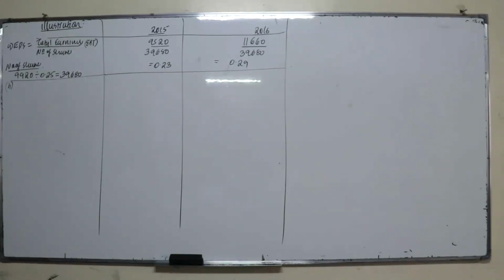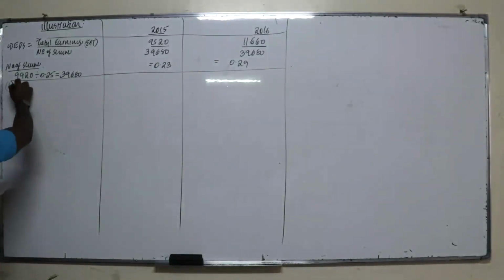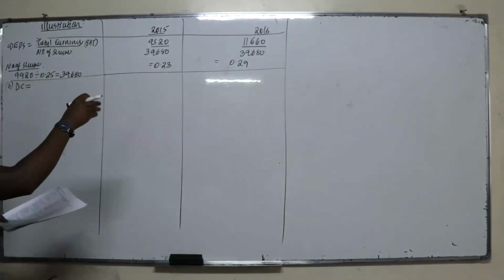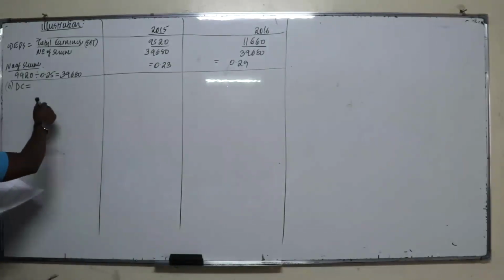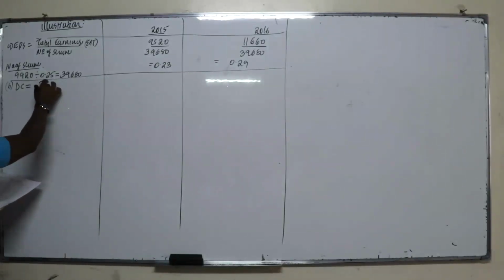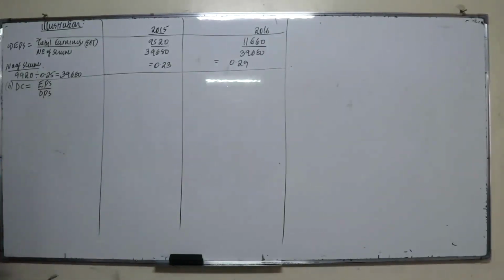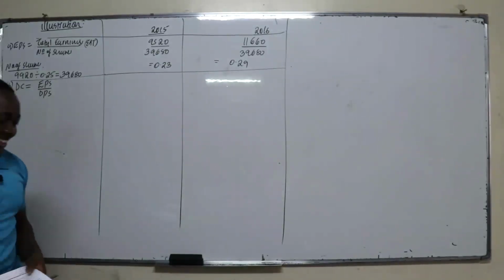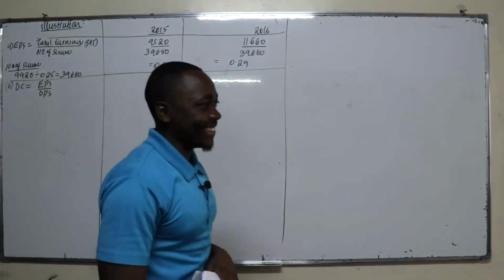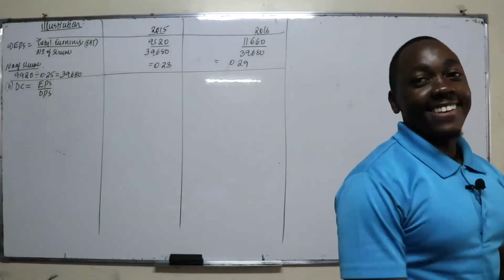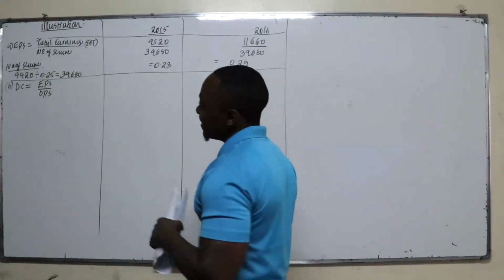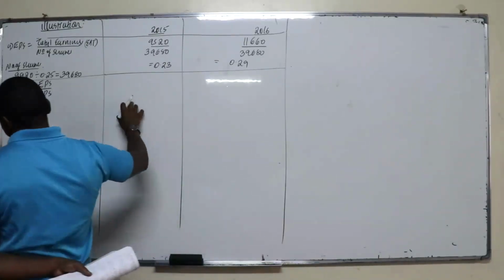Then number B, we get the dividend cover. The dividend cover shows the number of times the dividend can be paid from the earnings. So you'll take earnings per share and divide by dividend per share. Do we have earnings per share? It's not there, it's here. How much is the earnings per share?